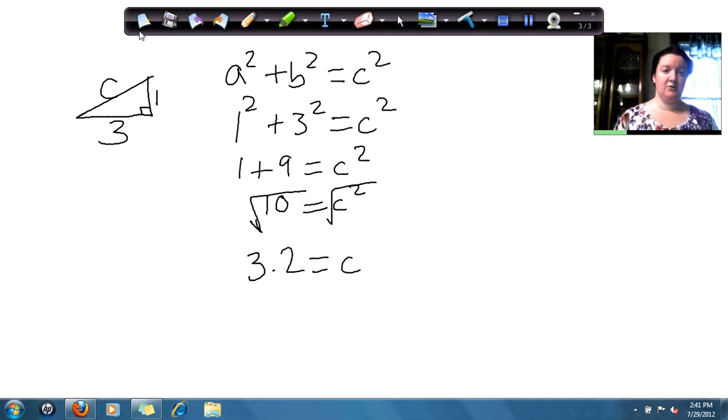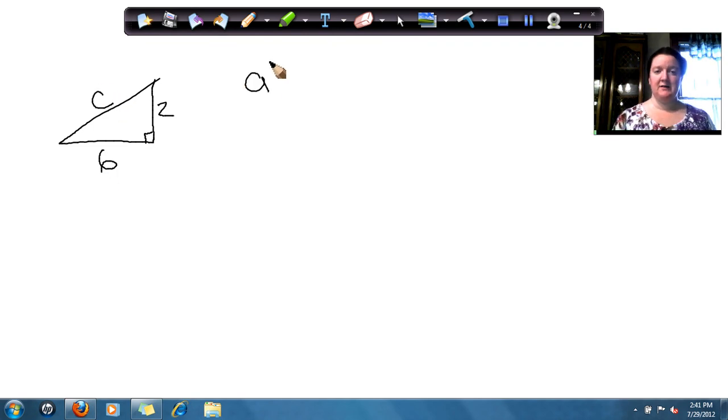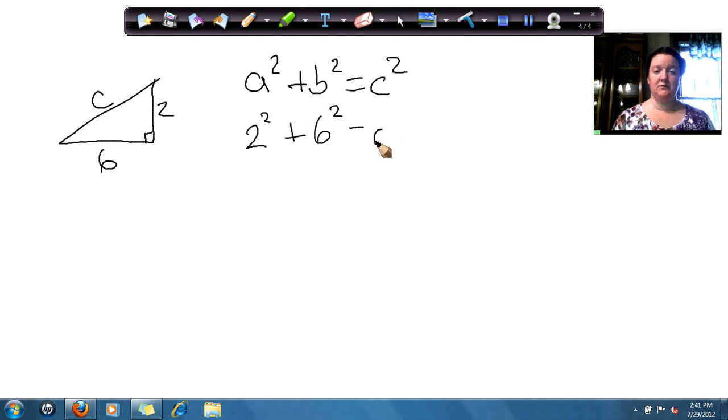Let's look at one more example. If I have a 90-degree angle here, and I have 2 for that side, 6 for this side, and I don't know how long that side is. Again, a squared plus b squared equals c squared. So I'm taking 2 squared plus 6 squared equals c squared.